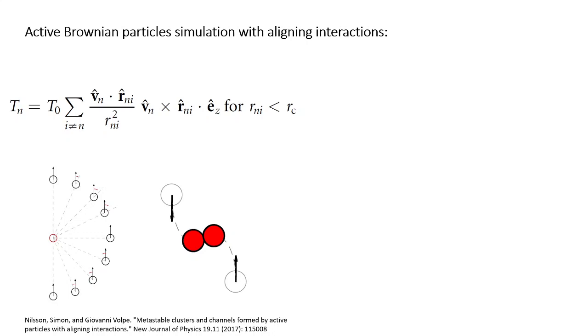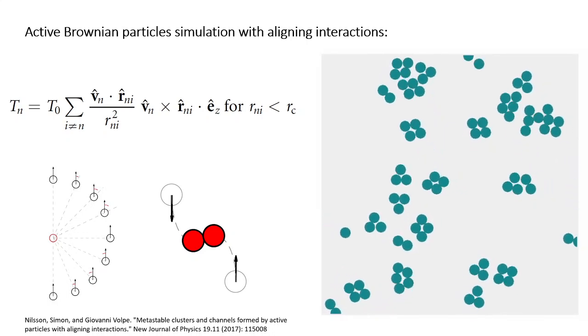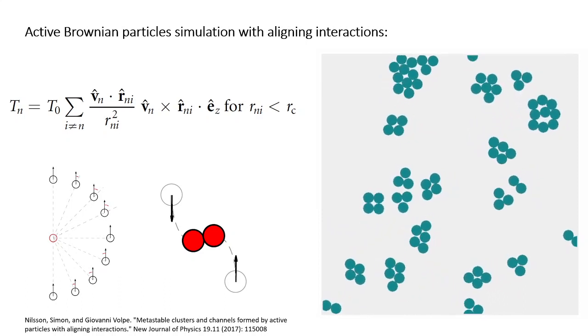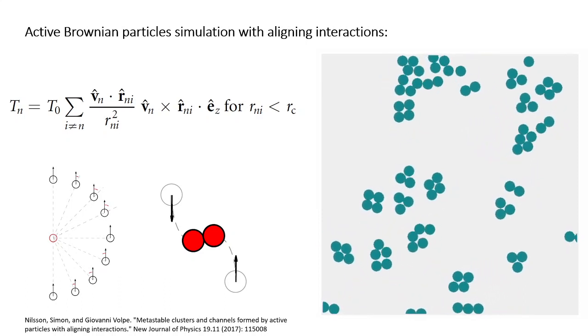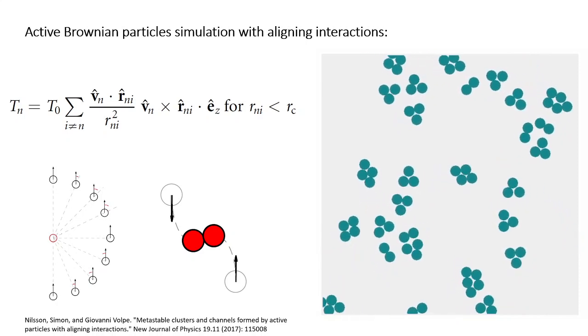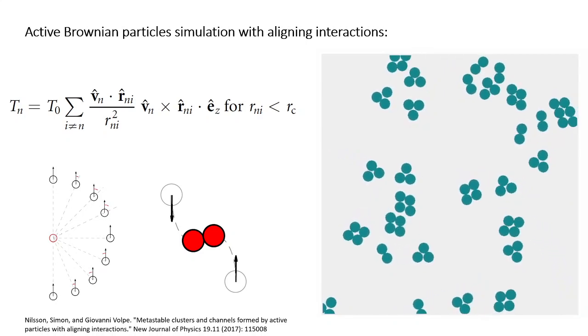This creates an effect where the particles will form clusters of different sizes that can be of size 2, 3, 4, or more, as can be seen in this video. In the last exercise, you're going to apply this equation, and then try to create similar behavior to that found in this video.